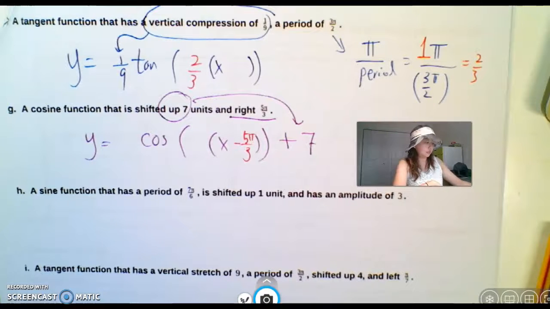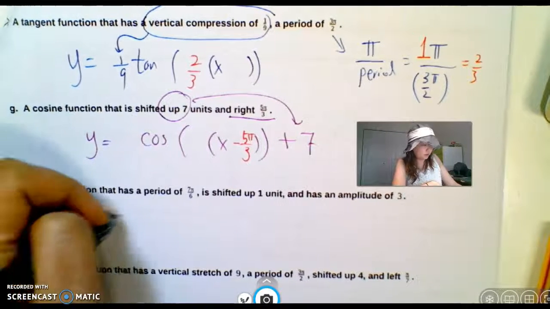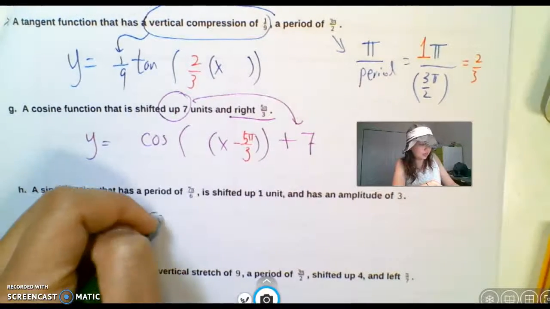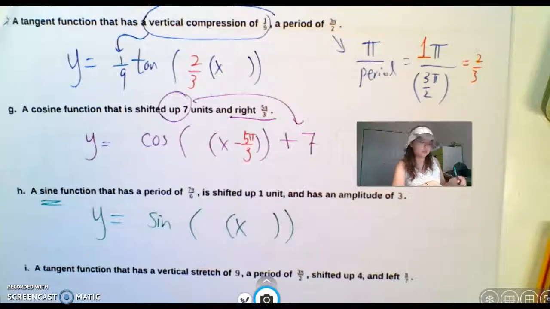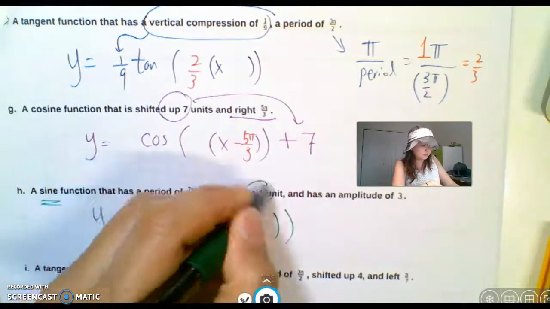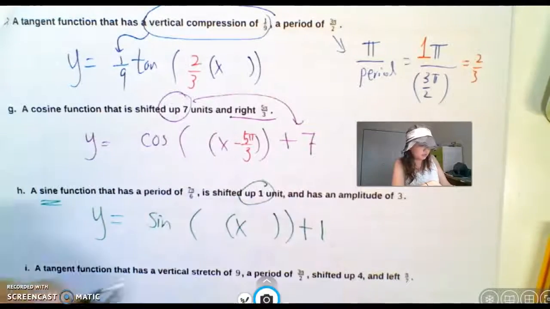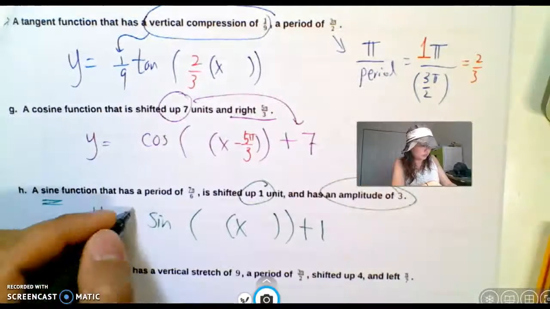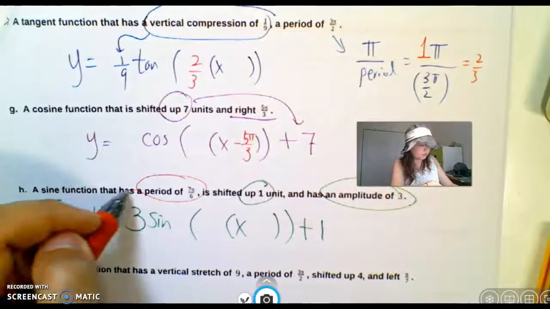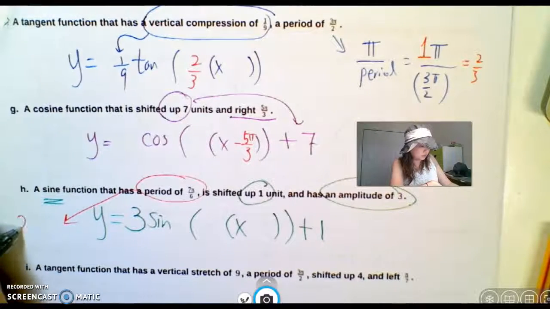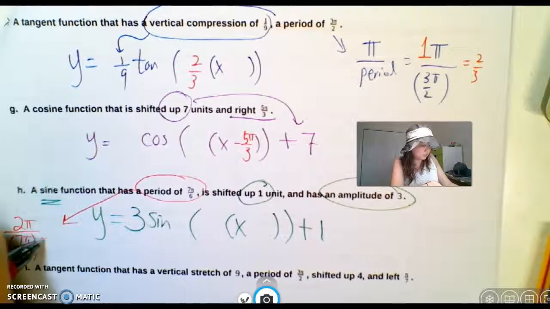All right. Let's do a little more. Y equals sine. Open, open, x, close, close. See? There's a rhythm to it. Up 1. Amplitude 3. Why are they switching order? Who cares? Period of 7 pi over 6. So it'd be 2 pi over 7 pi over 6.